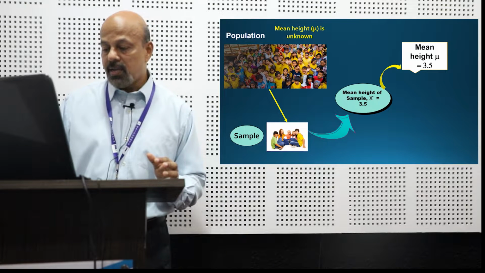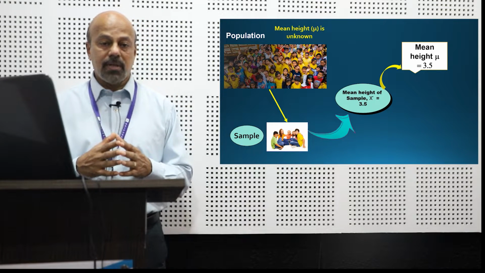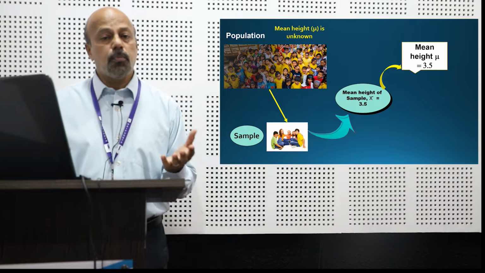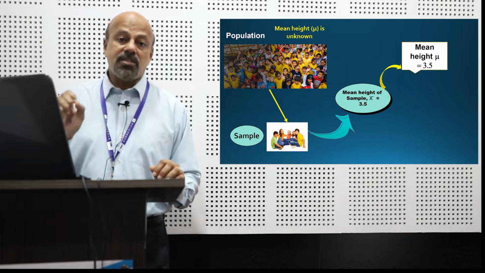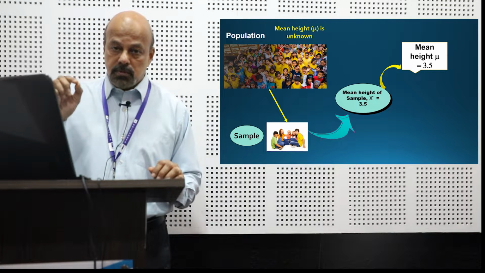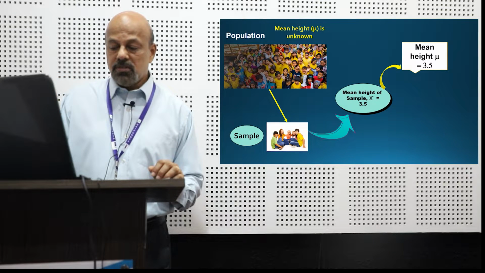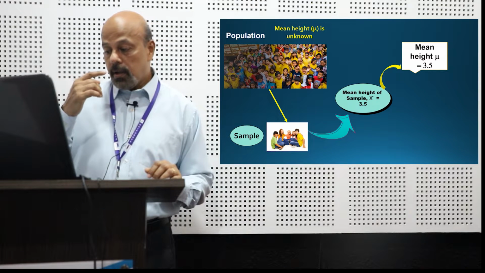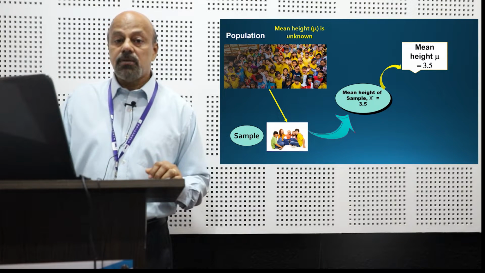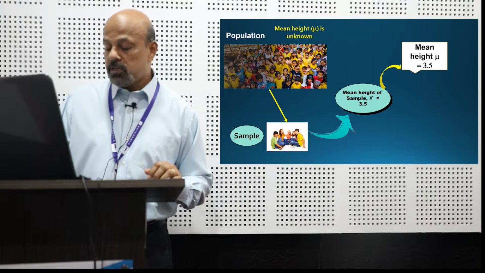Suppose we get the mean height of the sample, x bar, as 3.5 feet. This is the statistic, the sample mean. Based on the statistic, we estimate the population mean, which is the population parameter.